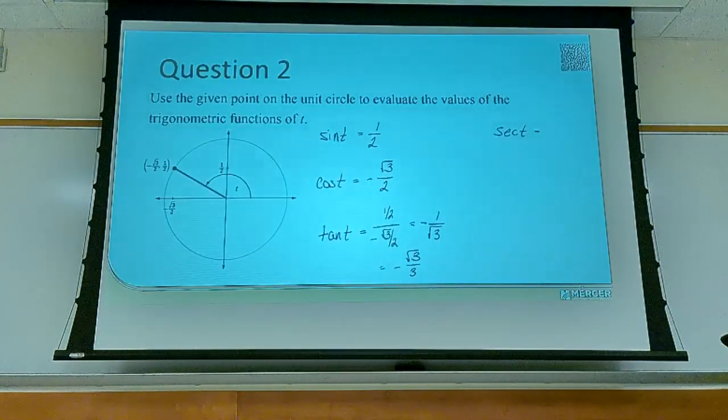Secant, 1 over x. Again, because radius is 1. Negative 2 over root 3, or if you'd like to rationalize, negative 2 root 3 over 3.